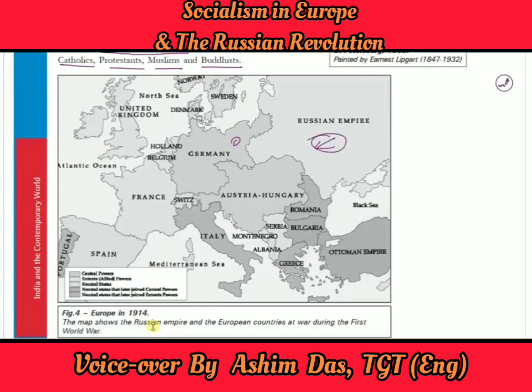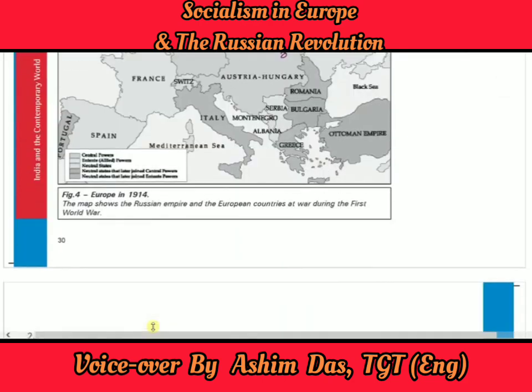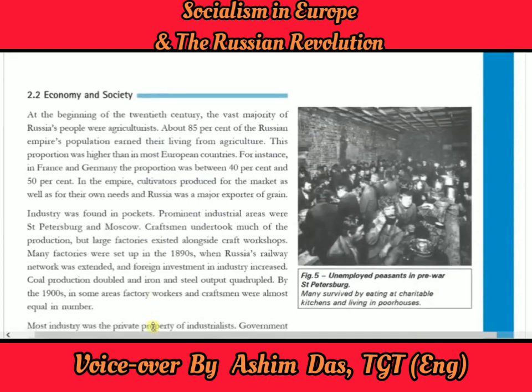Here you can see the picture of the Russian Empire, and Germany and Austria-Hungary also. Let us proceed to Unit 2.2, Economy and Society at that time.